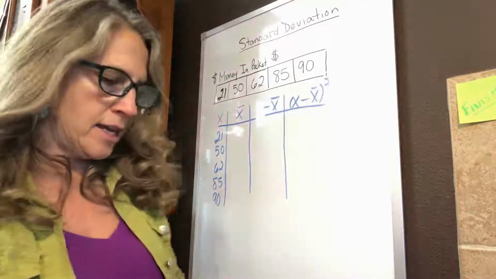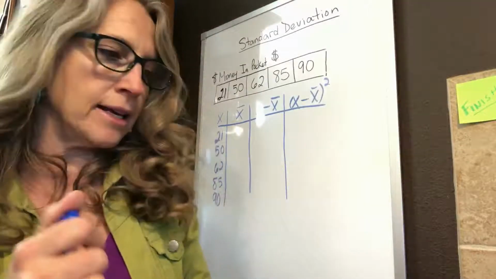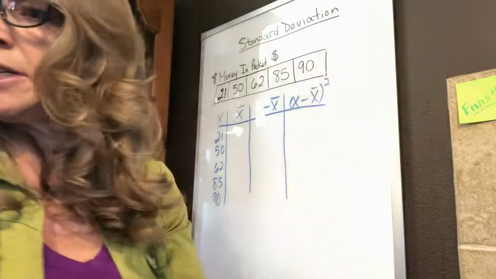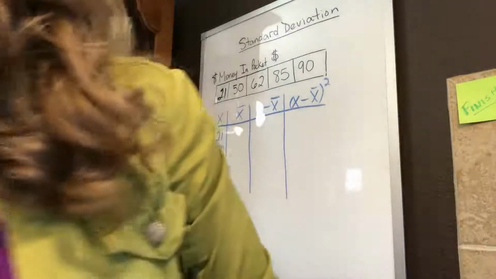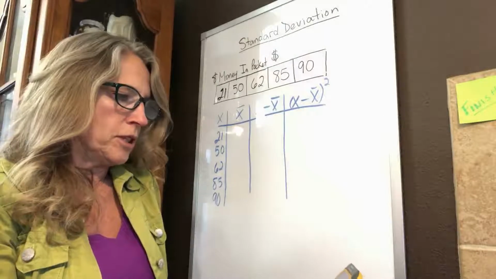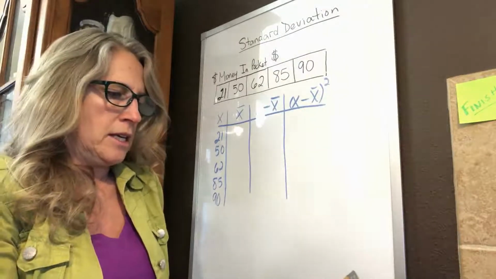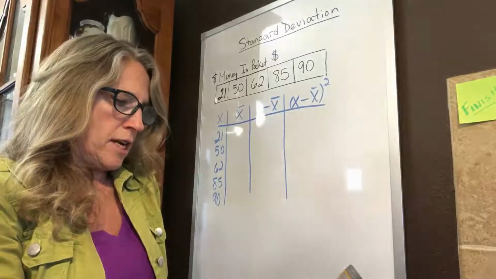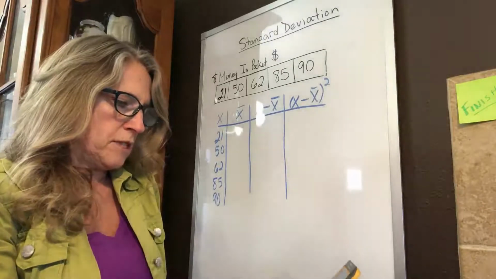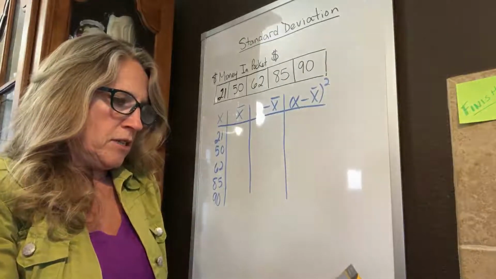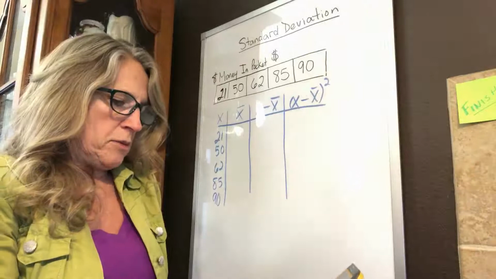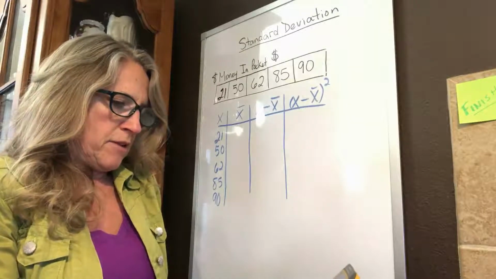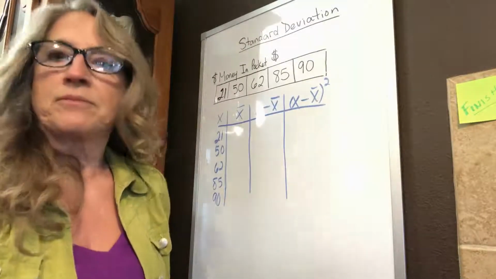Okay? And in order to find the mean of that data, I have to add them all together. I have to get my calculator. So you guys know how to do this. You totally know how to find the mean. Whoops, hang on, I didn't do that right. I need to put it in parentheses, 21 plus 50 plus 62 plus 85 plus 90 divided by 5. Sorry. All right.